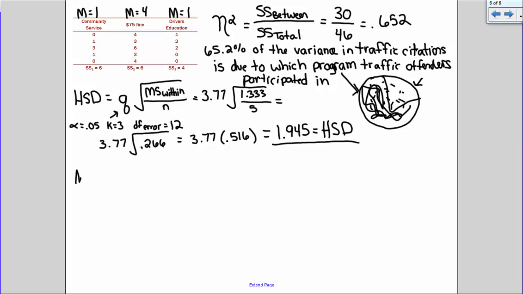All right, so let's go ahead and find all of our mean differences. So the mean for community service minus the mean for the $75 fine. We'll need to take the mean for community service, subtract the mean for driver's education, the mean for the $75 fine, minus the mean for driver's education.